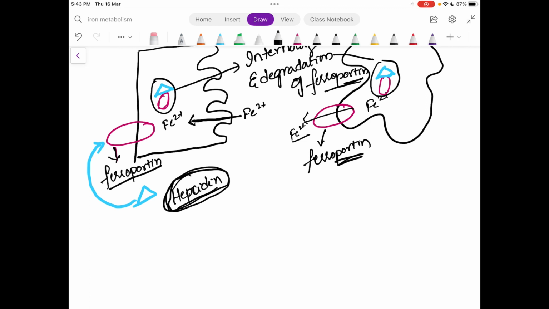Whatever iron is absorbed into the intestinal cell will stay inside the cell only, because this ferroportin is not there. Whatever Fe2+ is absorbed, it will stay inside the cell only. Whatever Fe2+ is released from the RBC will be staying inside the macrophage only. That means there is a block, that is called mucosal block.